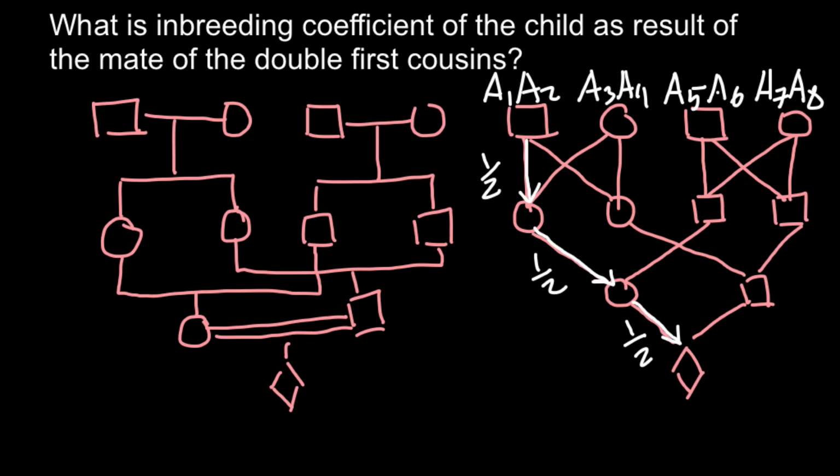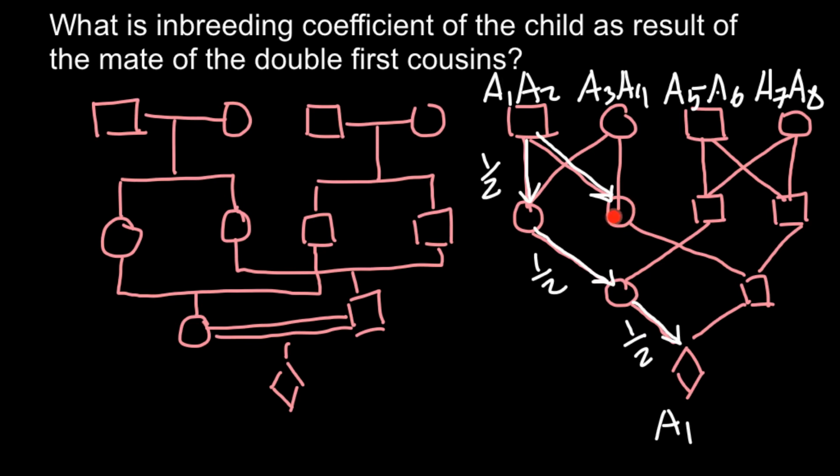So this is going to be the mother side and this is going to be the father side. From the mother side, the probability to get the A1 allele would be 1/2 multiplied by 1/2 multiplied by 1/2. And what is the probability that this child also would get the A1 allele, but from the father side? And here is the pathway.